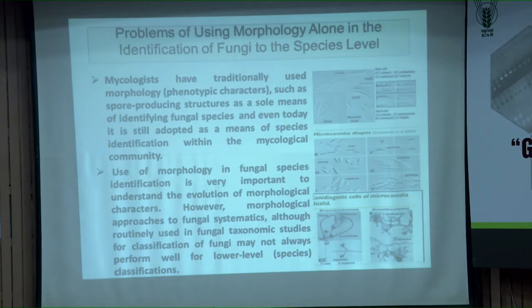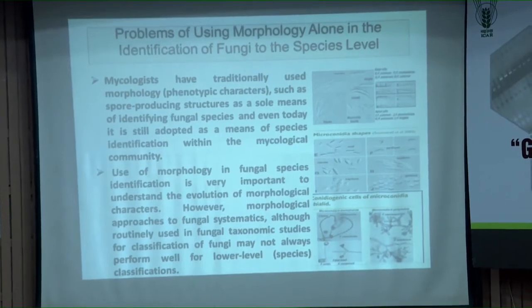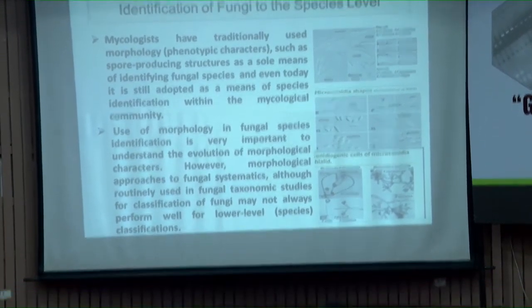Then you have seen where the microconidia are present, and the size of the microconidia also you have checked. Then afterwards you have gone for the arrangement of those microconidia. Then you find that it is arranged in chains. So you came up to this level, yes, it is arranged in chains, it can be Fusarium fujikuroi.